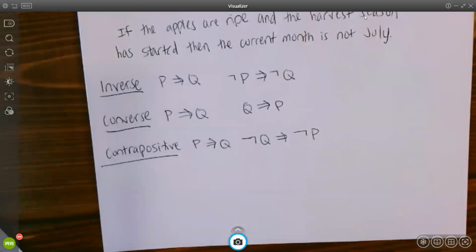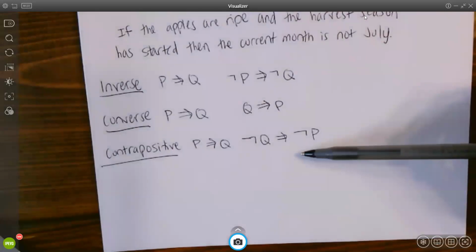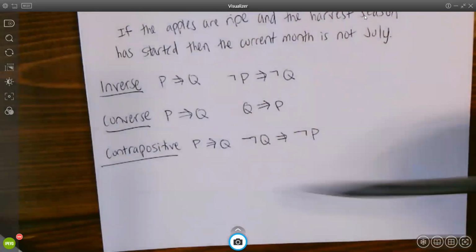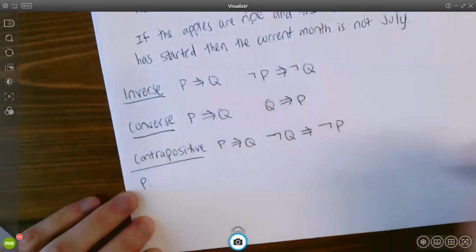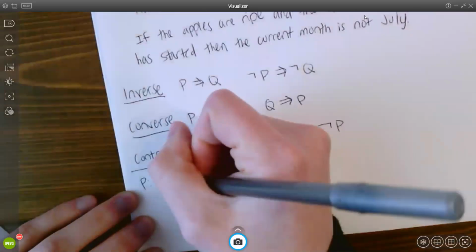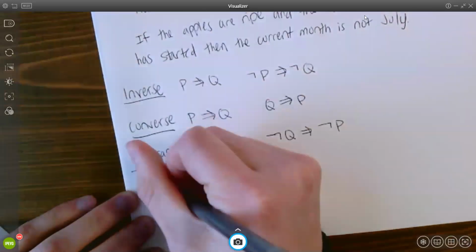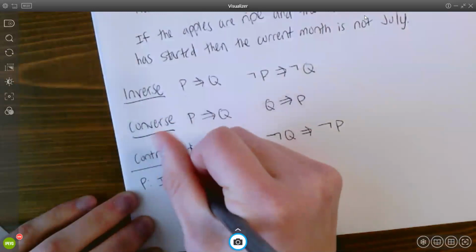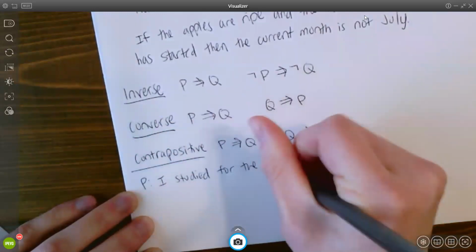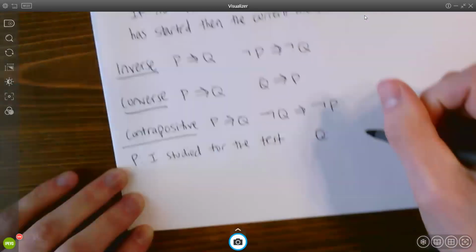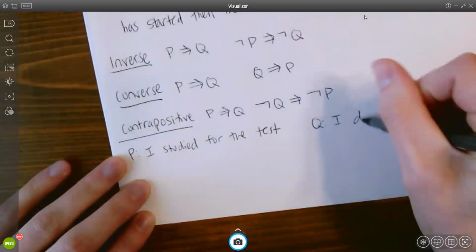Okay, so I'm going to go through these three with a scenario. So I'm going to have that P is I studied for the test, and Q is I did well on the test.